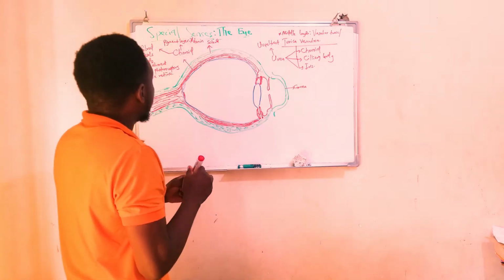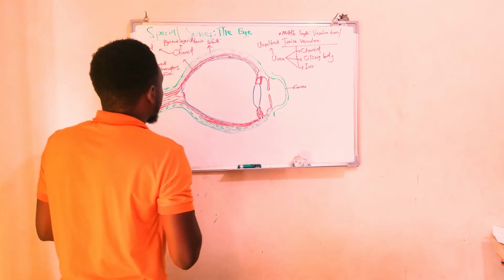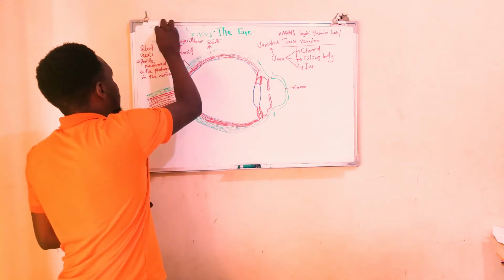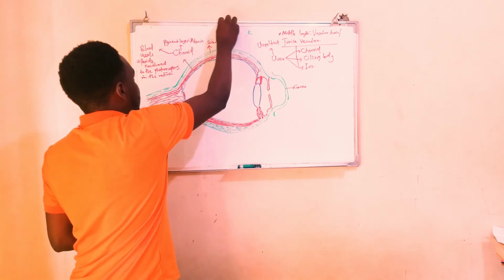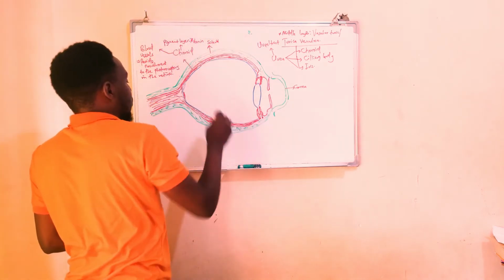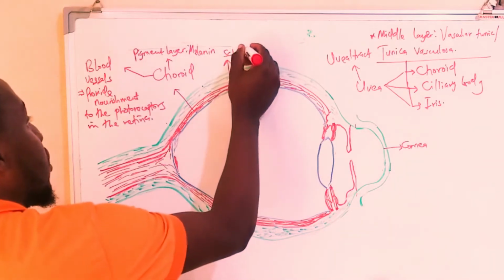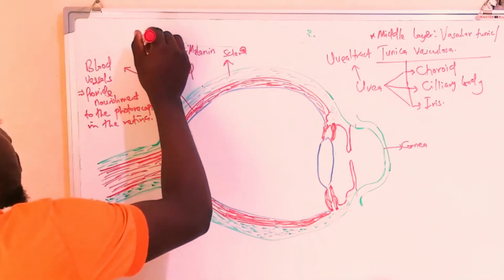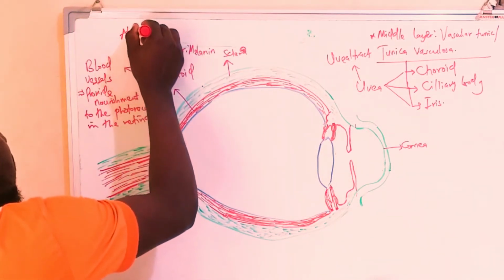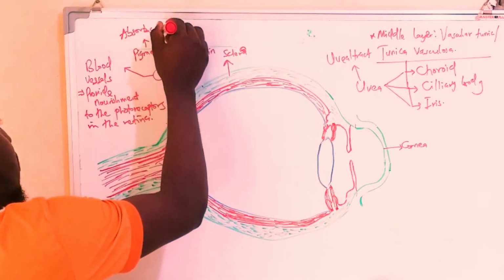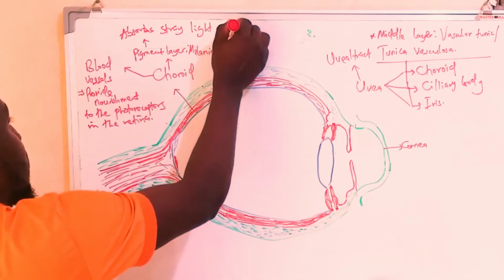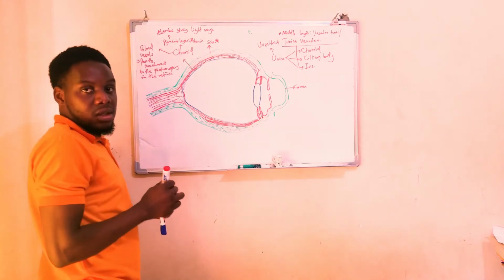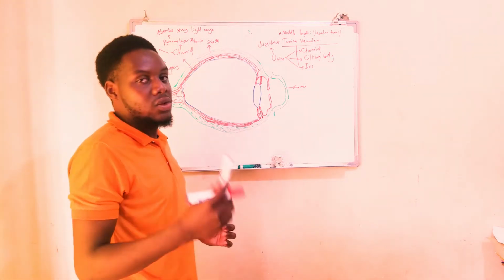With this, it functions to absorb stray light rays that are scattering, in order to help in the focusing of the light rays on the retina.